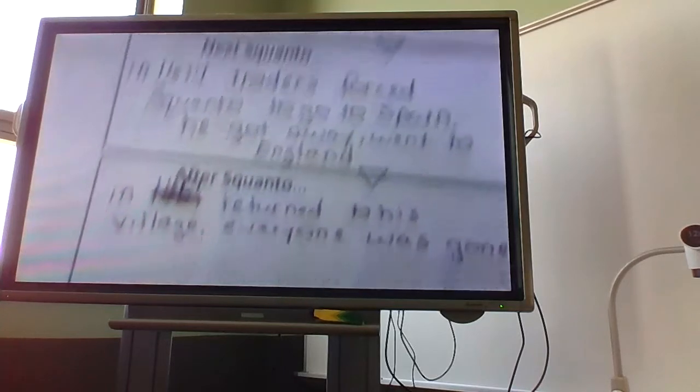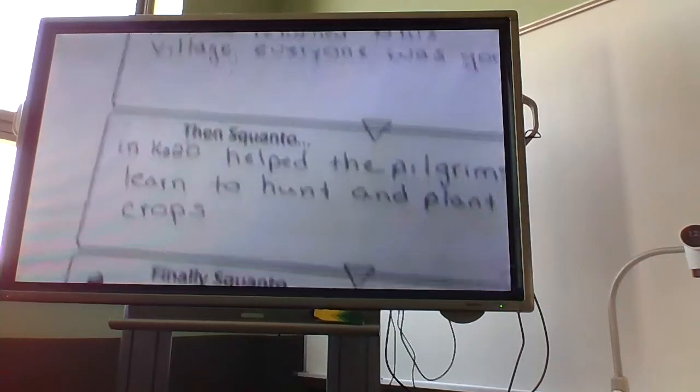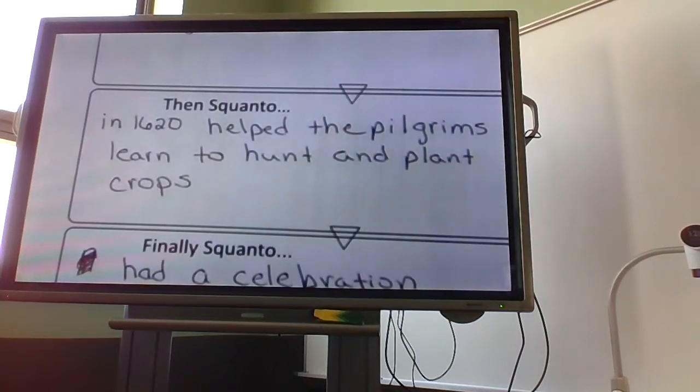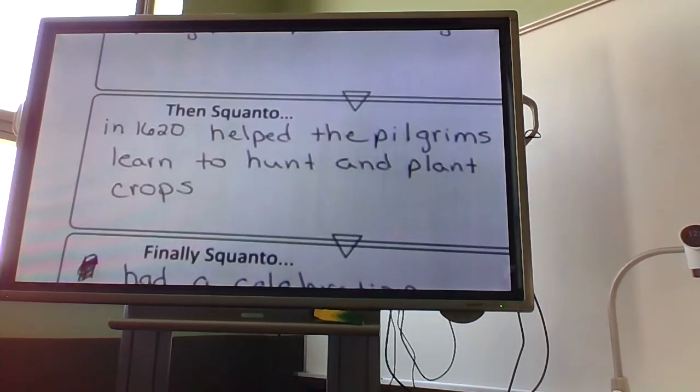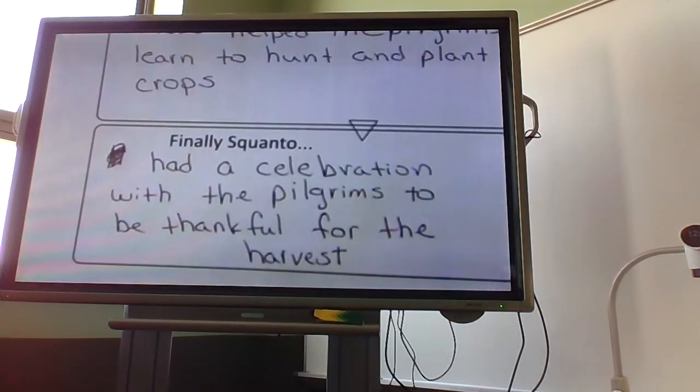After that, in 1619, he returned to his village and everyone was gone. They all died. Then, in 1620, he helped the Pilgrims learn to hunt and plant crops. And then finally, they had a celebration with the Pilgrims to be thankful for their harvest and everything that they had done and learned.